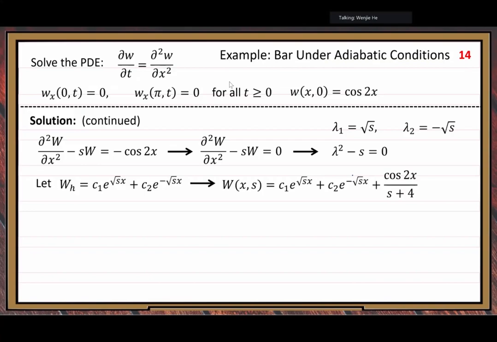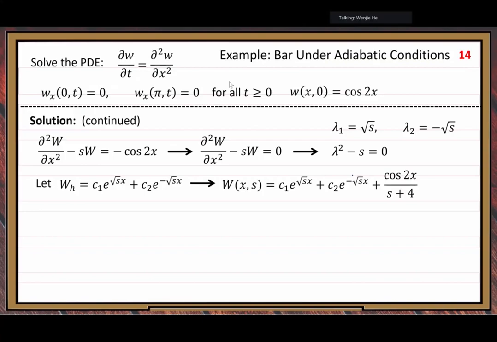We need to use the boundary conditions, these two boundary conditions, at the left and right ends, to determine C1 and C2. The initial condition, this one, we already used, so in this case we cannot use it again. It does not help. But we need to use the two boundary conditions.